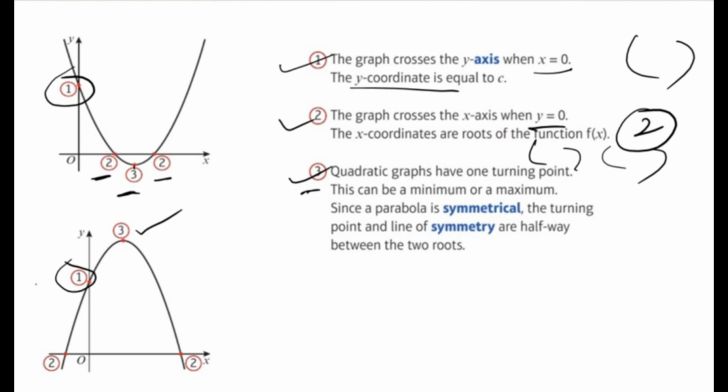Now another very important thing, the graph we are considering is symmetrical, and as you can see it is symmetrical. So we can find a line of symmetry for this graph. Whatever our turning point is, the x coordinate of the turning point will give us the line of symmetry. We will do this with an example, so that will make it clearer.